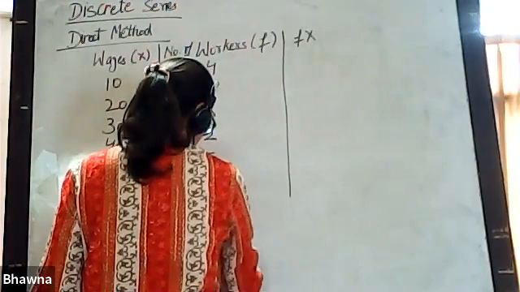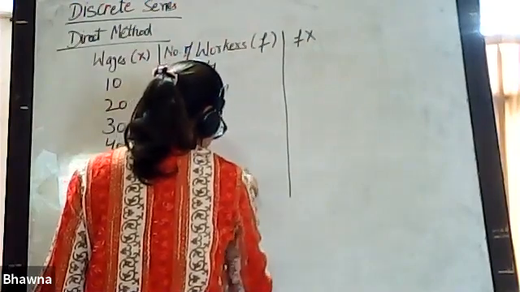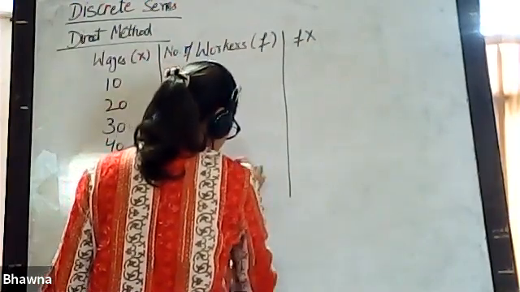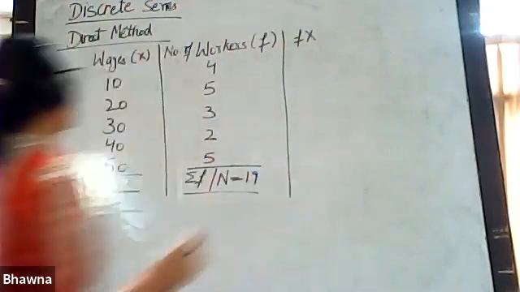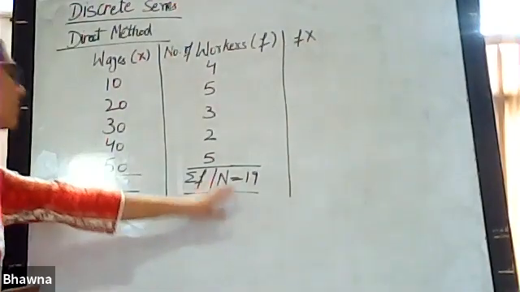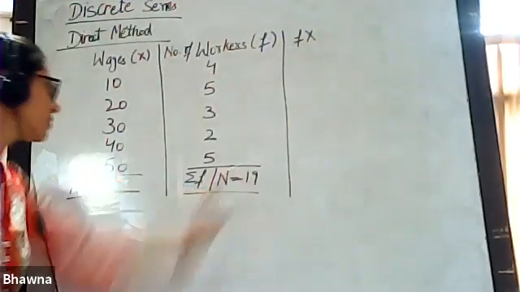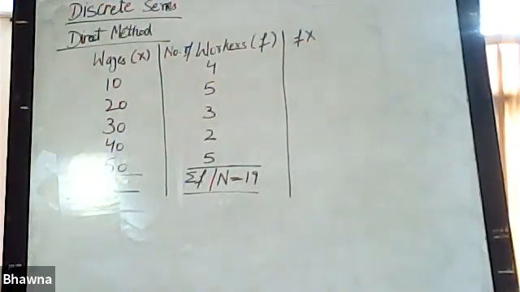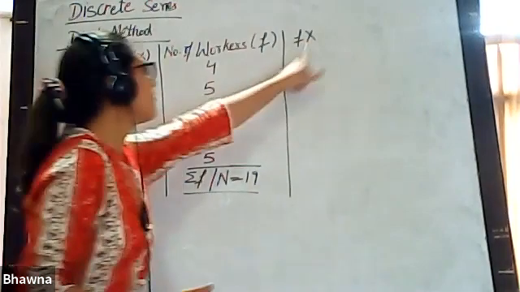Summation f, that is n, is equal to 19. In discrete series, the number of observations n is equal to 19, or summation f is equal to 19. After that, we have to calculate fx.